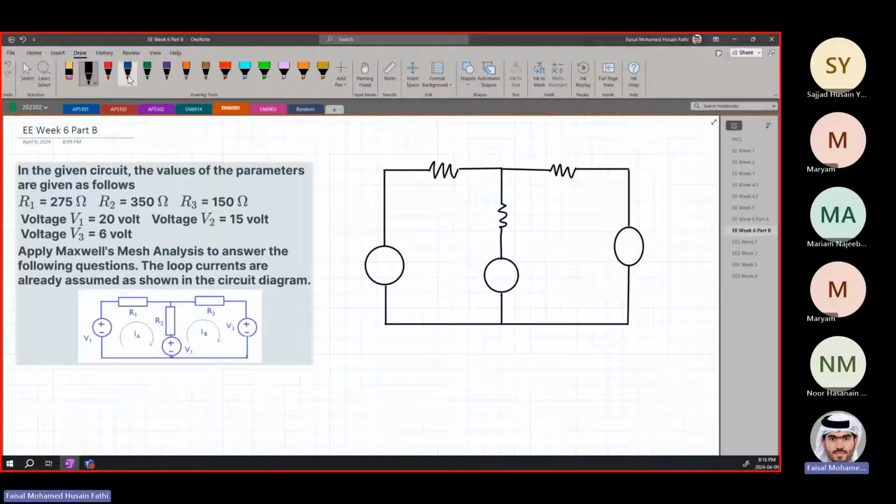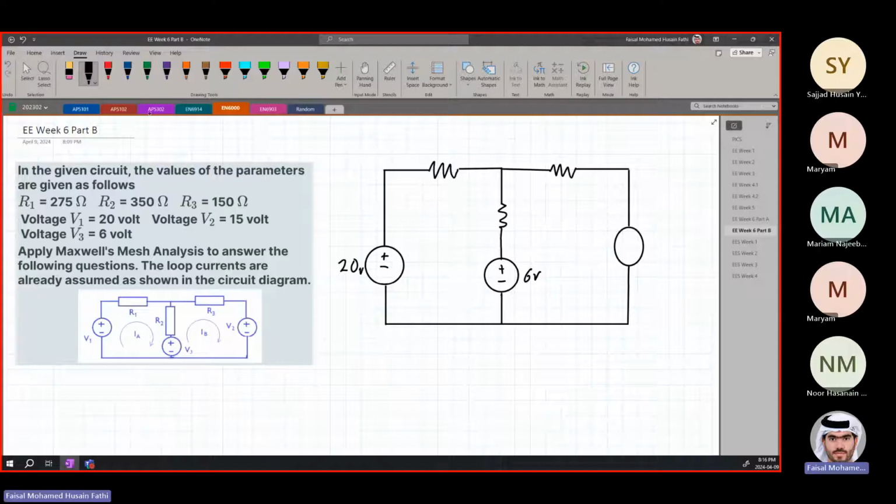So we know that this is plus minus. This is plus minus a voltage. V1 is given to be 20 volts. We have plus minus over here. V3 is given to be 6 volts.